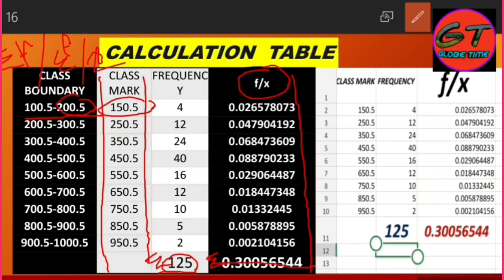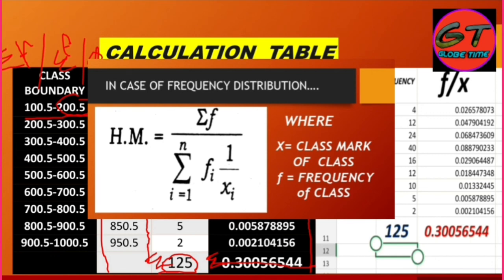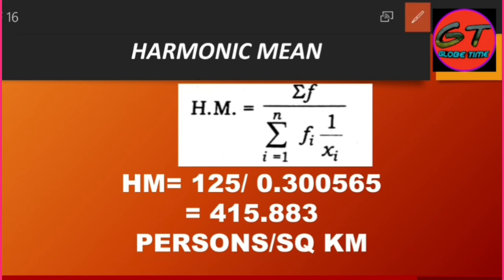And the formula is summation f by summation f by x. Harmonic mean equals summation f by summation f by x. Summation f equals 125 and summation f by x equals 0.300565, so harmonic mean equals 415.883 persons per square km, because it is a population density data series.